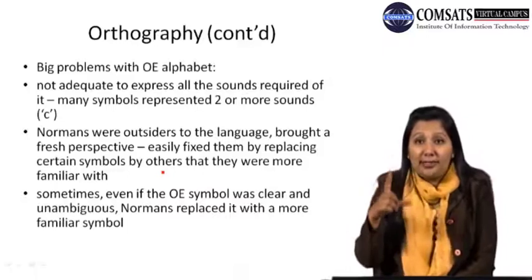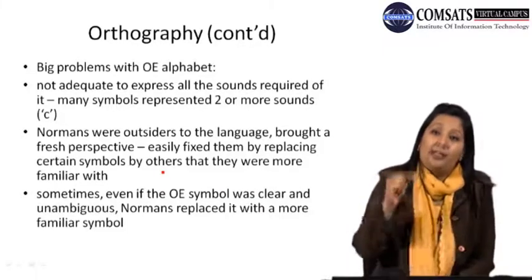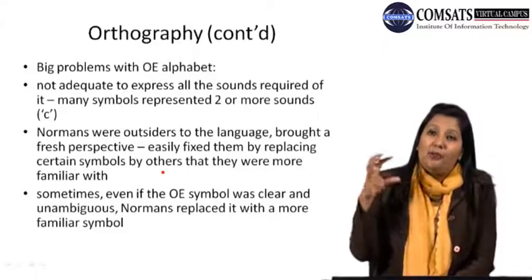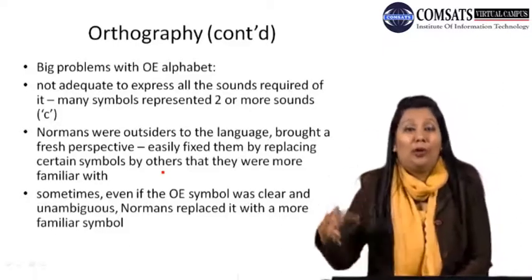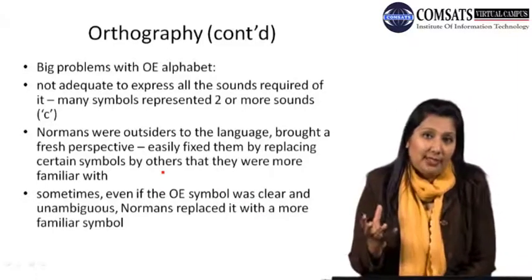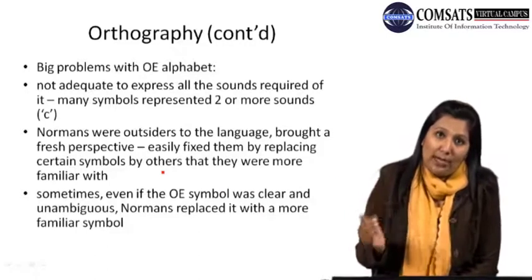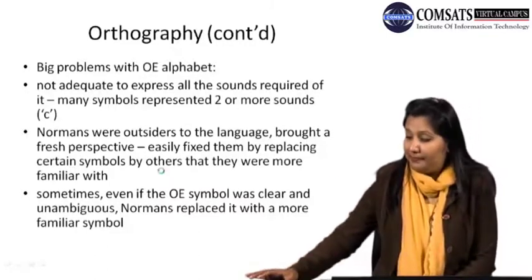They were concerned with familiarity rather than clarity, and this is what they did when they brought their own loyal people, because they wanted to see familiar faces rather than unfamiliar ones. The same rule they applied to the language as well.